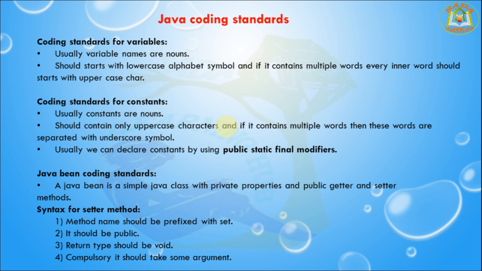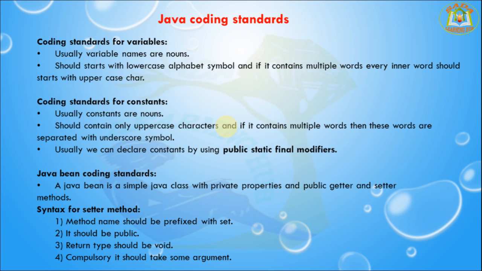Now, coding standards for constants. Usually constants are nouns. They should contain only uppercase characters, and if a name contains multiple words, then the words are separated with an underscore symbol. Usually we declare constants by using the public static final modifiers.